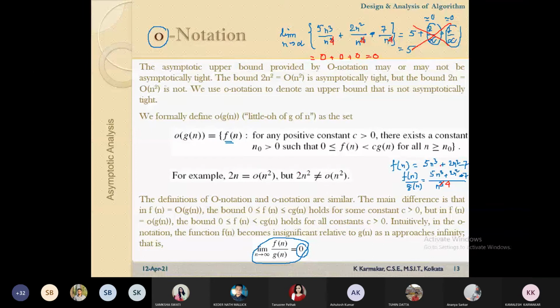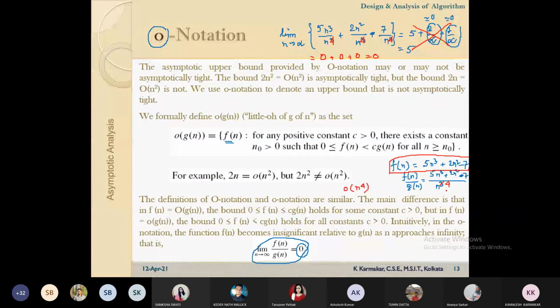So for this given function f(n), in small o representation, its complexity will be n to the power 4, because we have taken g(n) equals n to the power 4.